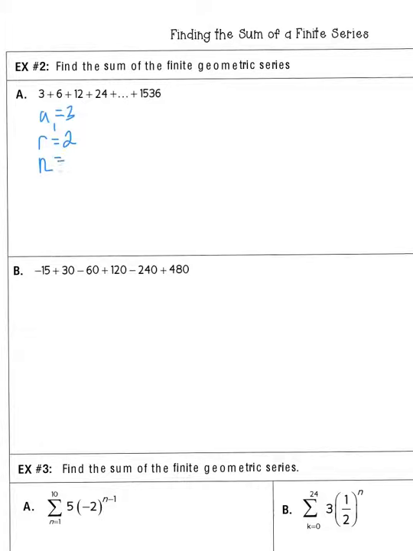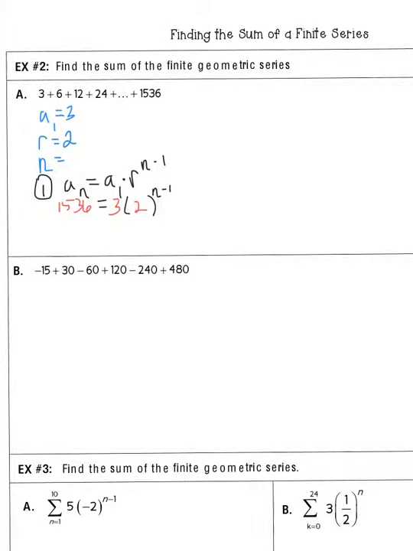So let's start with number 1. We're going to find n. This is a geometric sequence, so I'm going to use my explicit rule for a geometric sequence, which looks like this. It is going to involve some logs. So I'm going to plug in the values I know. I know that my last term is 1536 equals, I know my first term is 3 times, I know my ratio is 2, and it's the n minus 1.